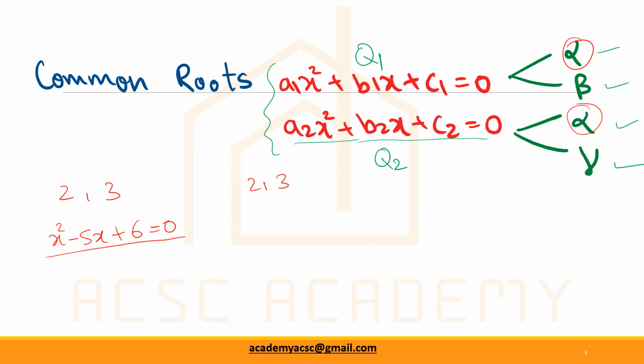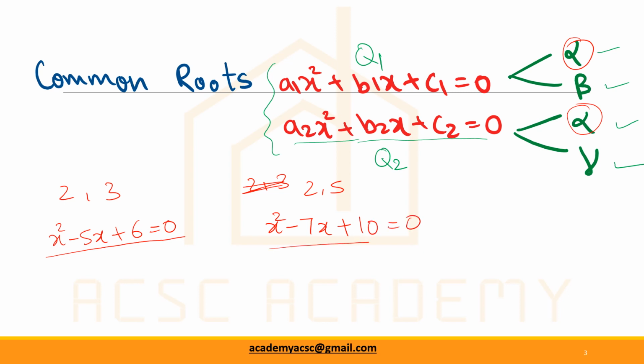So here we are dealing with those cases in which only one root is common between two polynomials. Let us consider the roots of the second polynomial to be 2 and 5. Then the quadratic will be x squared minus the sum of roots, that is 7x, plus the product of roots, that is 10, equal to 0.